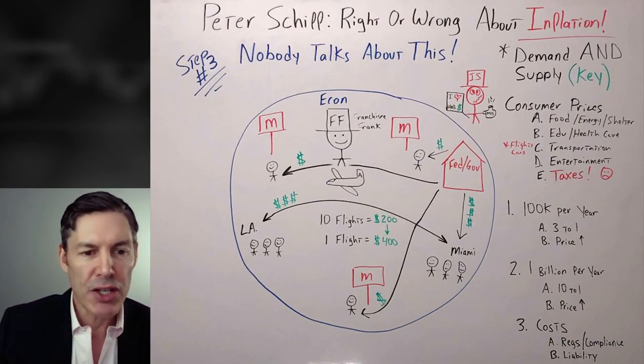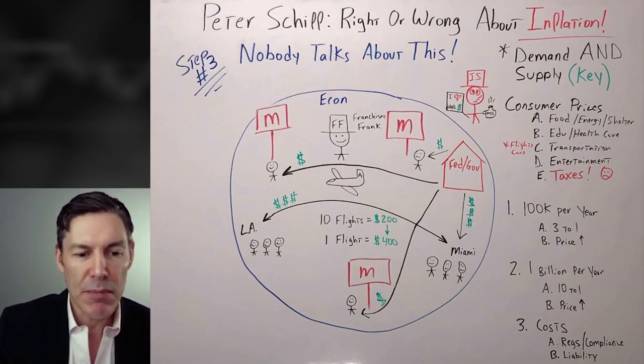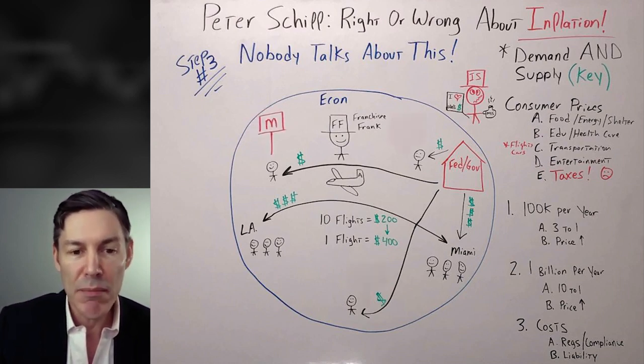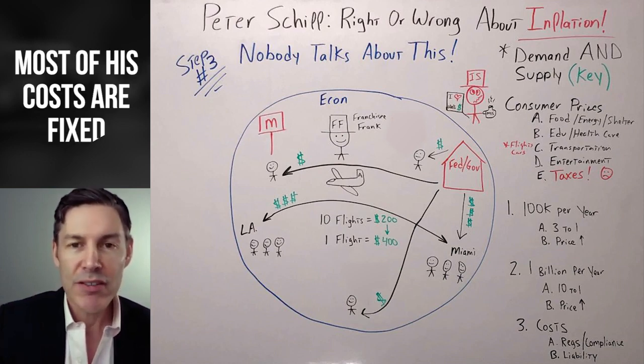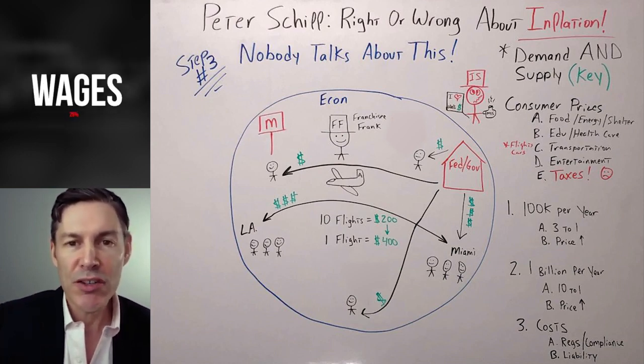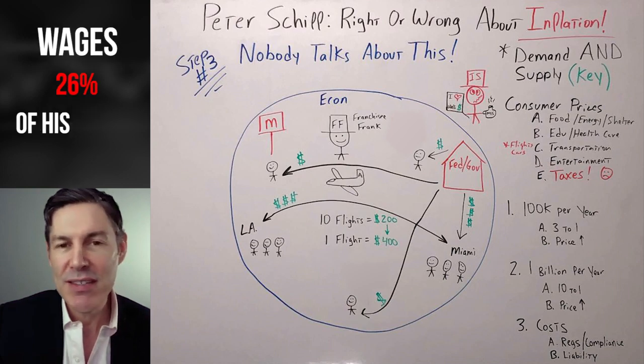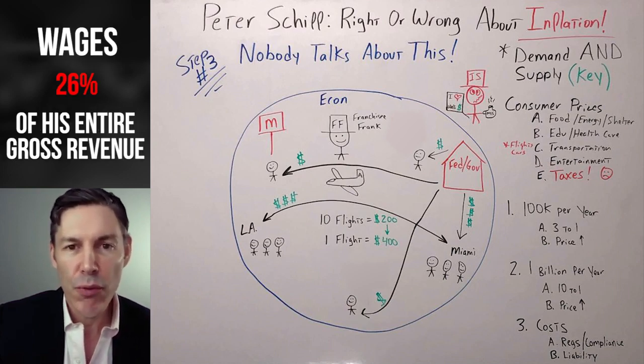So if franchisee Frank has 3 McDonald's locations and he has to go down to 1 McDonald's location, keep in mind, he can't really drop the prices in the one location because most of his costs are fixed, especially wages, which represent 26% of his entire gross revenue.